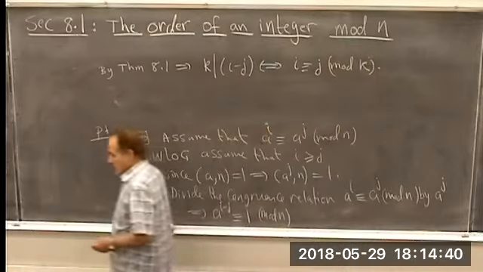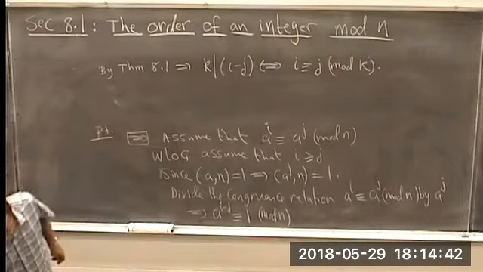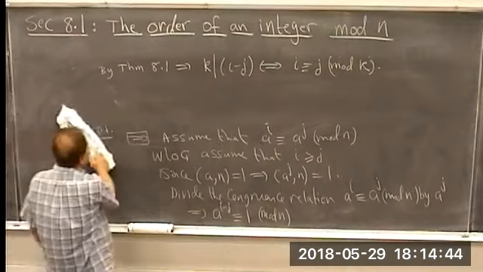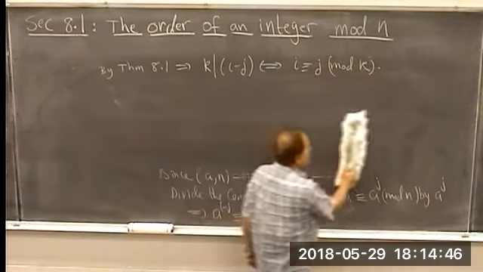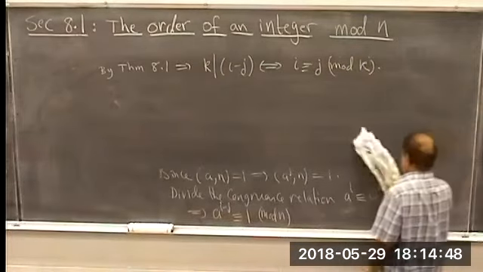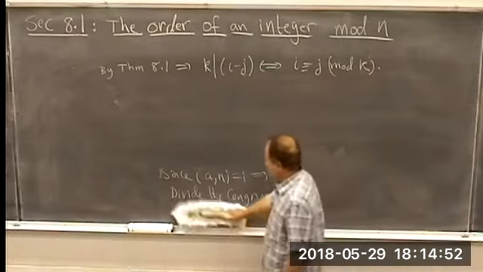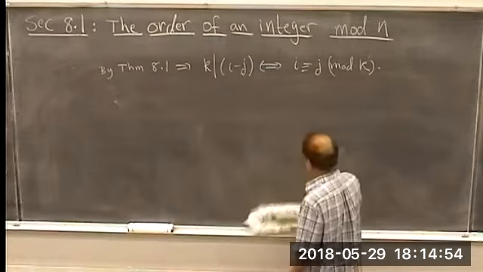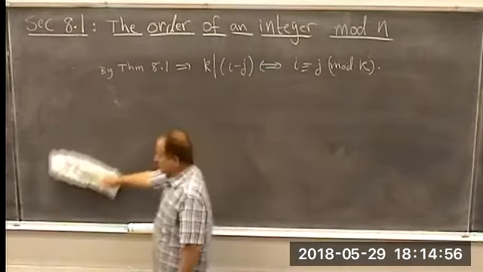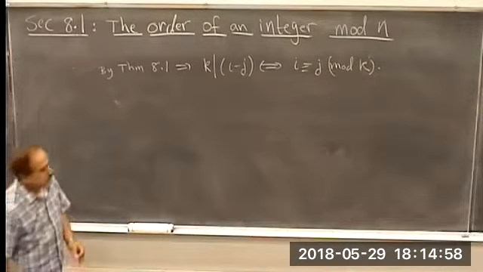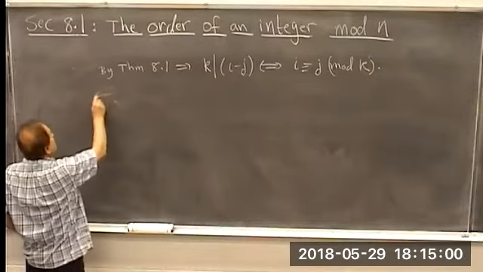All right, we're going to go the other way around. Assuming the i and the j are congruent, go this way in the proof.